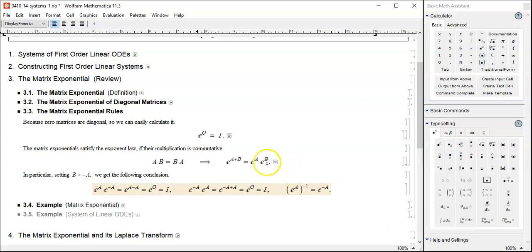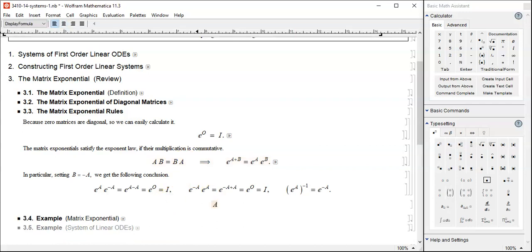Why is that? From here, put B equal to negative A, then let's make this observation here. A times negative A is equal to negative A times A, and that is negative A to the second power. Because what is negative A? It is negative 1 times A, so scalar multiplication, I can always pull it out, and what's left is A squared. So they commute. A and negative A commute.